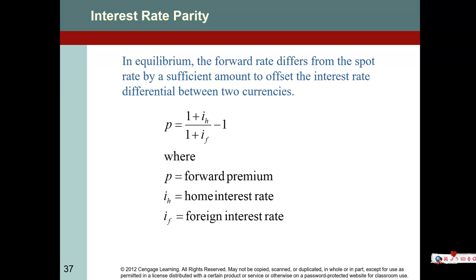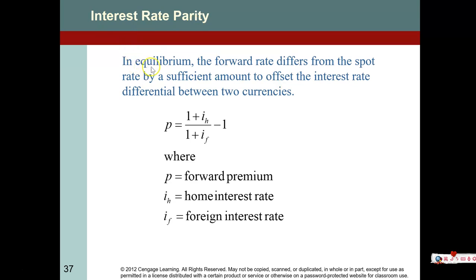Even though there's a difference in interest rate between the two countries or the two currencies, there's also a difference between the spot rate and forward rate. When you exchange your currency back and forth, it's going to offset the difference in the return by investing in different currencies. And we call this interest rate parity.